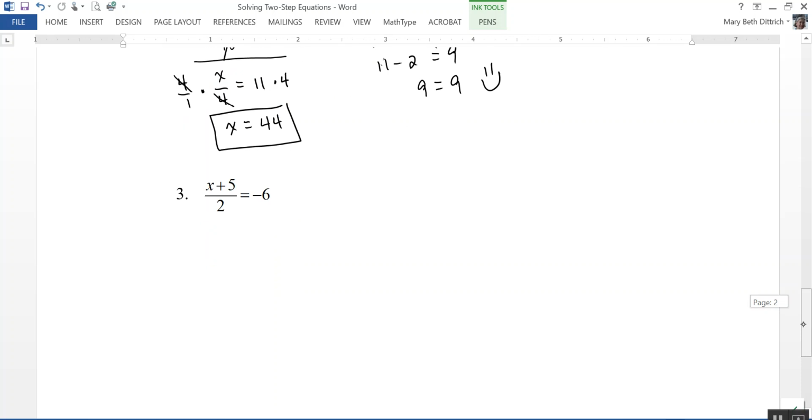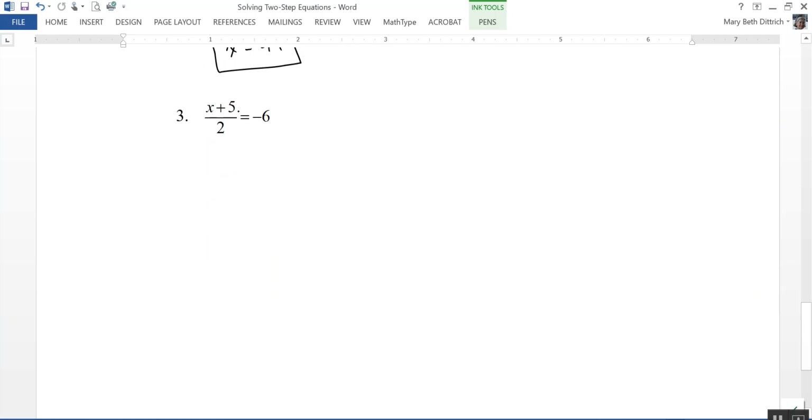And my last example here says x plus 5, the whole expression divided by 2, is equal to negative 6. So what's happening to x? X is having 5 added to it, and then it's being divided by 2. So undo those backwards. So we need to undo divide by 2 first by multiplying both sides by 2.